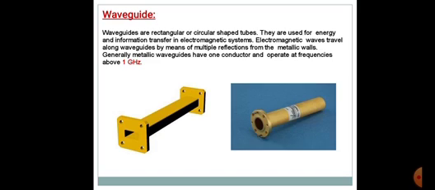Waveguides are rectangular or circular shaped tubes, used for energy and information transfer in electromagnetic systems.